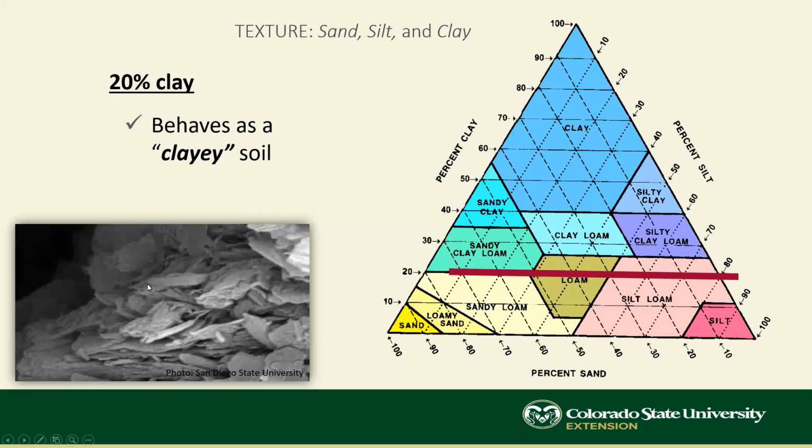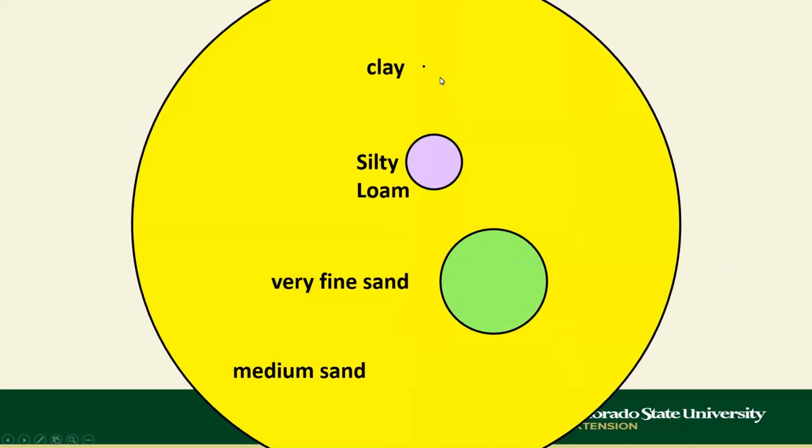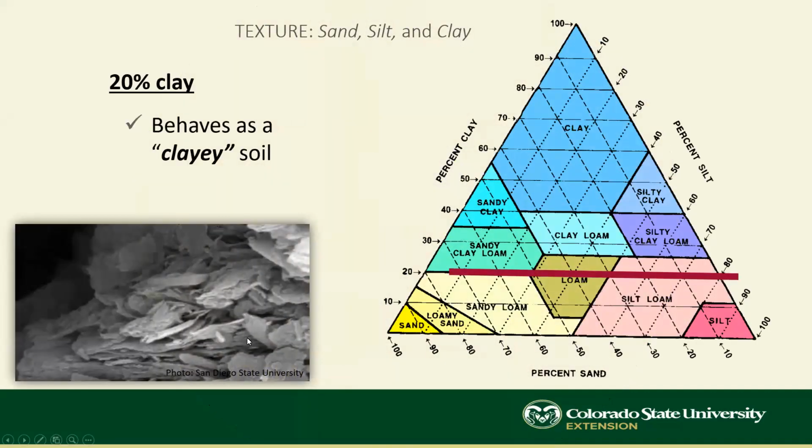I put this micrograph, or picture, in about the size of these clay particles. Sorry about that if that hurt your eyes, but the clay particle is real small, and it's also not a nice little circle. Clay likes to stack together.